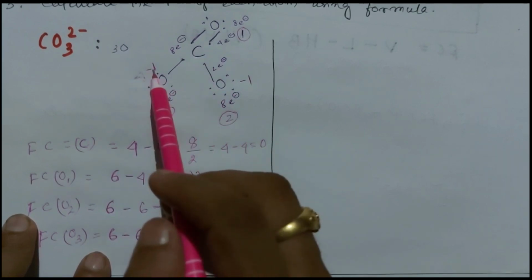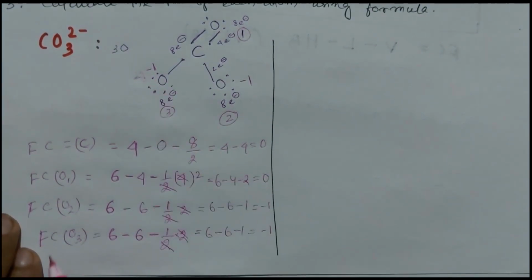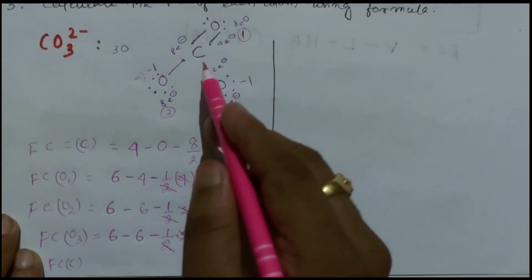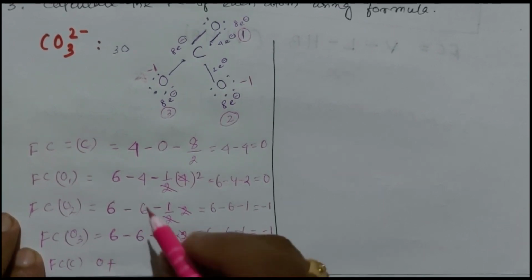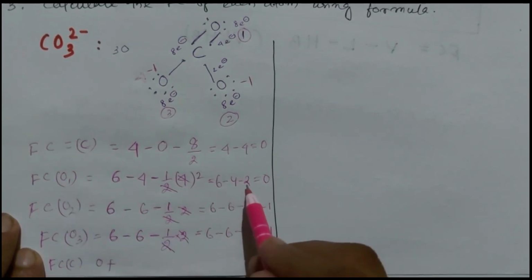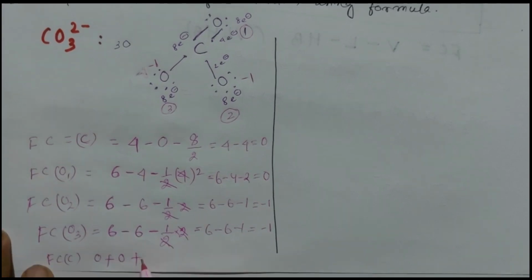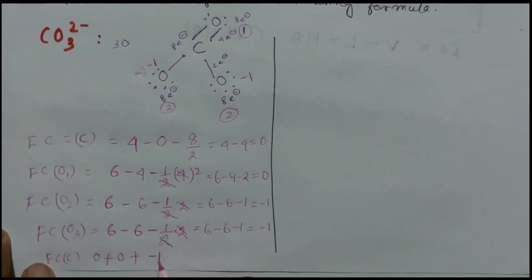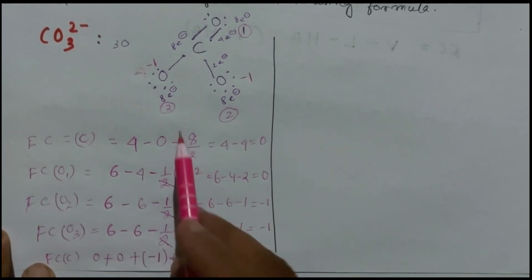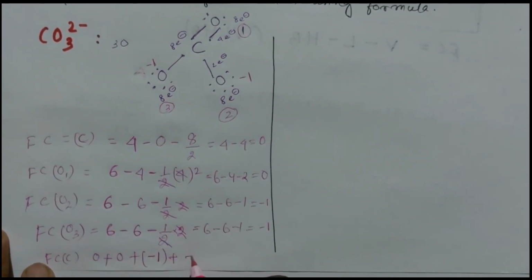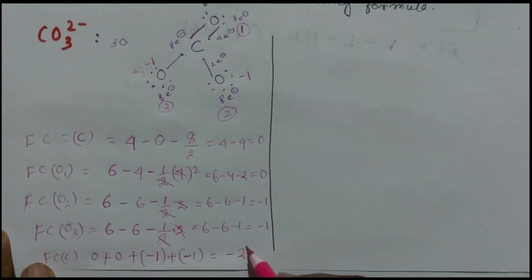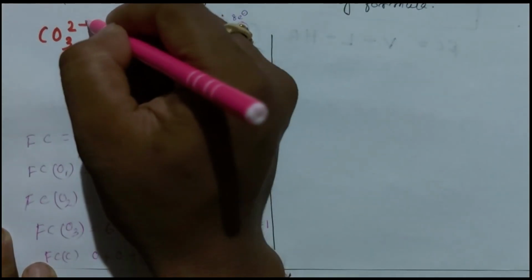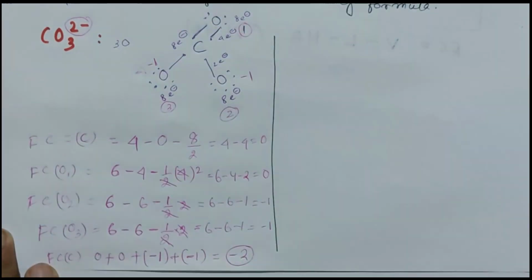Therefore we calculate: the formal charge of carbon, that is 0, plus the formal charge of oxygen number 1, that is 0, plus the formal charge of oxygen number 2, that is minus 1, plus the formal charge on oxygen number 3, that is minus 1. If you add, this minus 2 is the total charge of this compound.